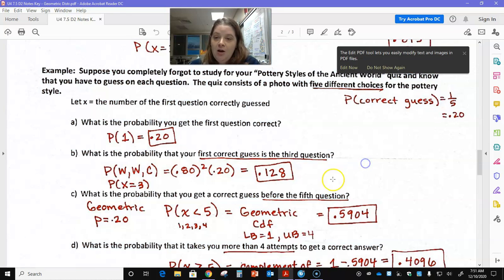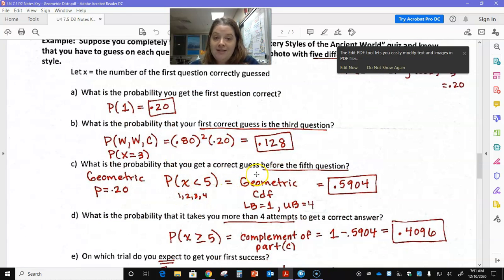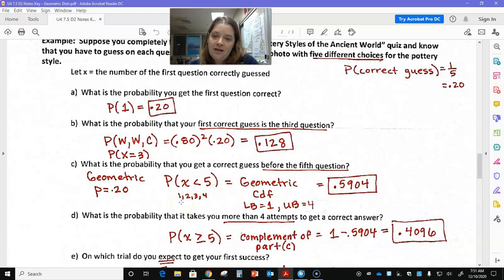What is the probability you get a correct guess before the fifth question? This will be geometric, 20% chance of success. Before the fifth means not including the fifth. It happens before then, so that's different than on the third. Before the fifth means I'm going to have 1 or 2 or 3 or 4. It could be the first one or the second or the third or the fourth, but it happens before the fifth question.